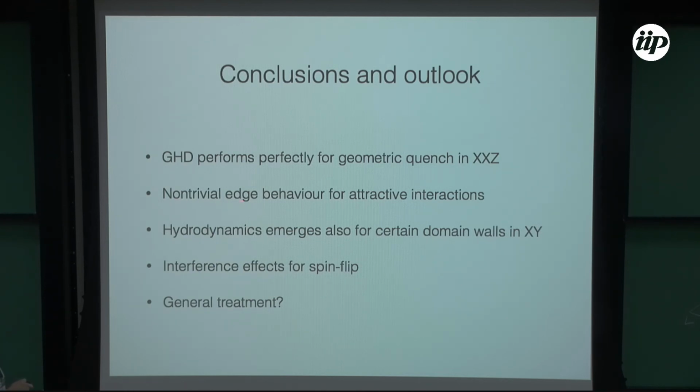Of course, there are still different things to understand, like this non-trivial edge behavior Jean-Marie already talked about. And then the other thing was about domain walls in the XY chain, where in certain situations you get an emergent hydrodynamic behavior, and then for other situations you get some interference effects, which is not yet clear how to interpret.